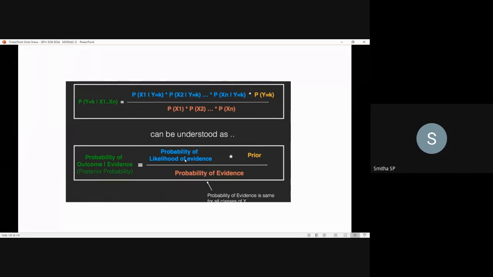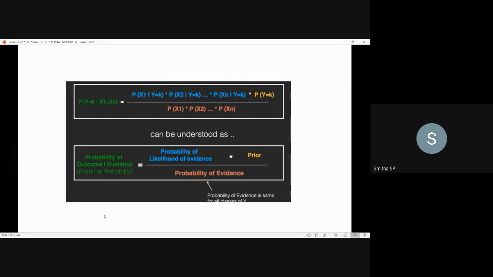So here, coming to this likelihood, the likelihood of evidence, as I said, is nothing but the conditional probability of each x given y is of a particular class C. Since all the x are assumed to be independent variables of each other, you can just multiply the likelihoods of all the x.